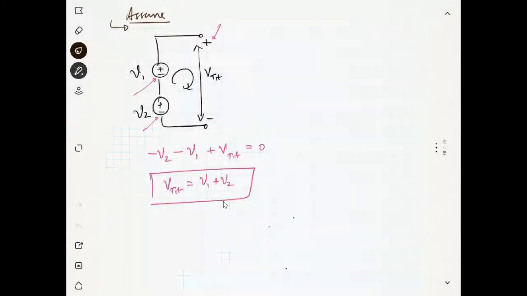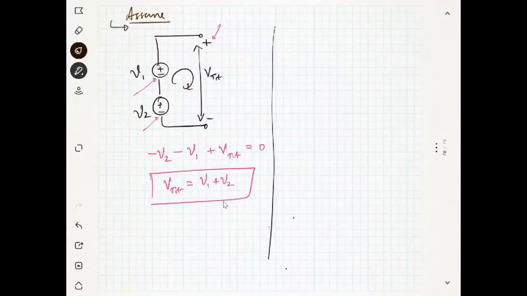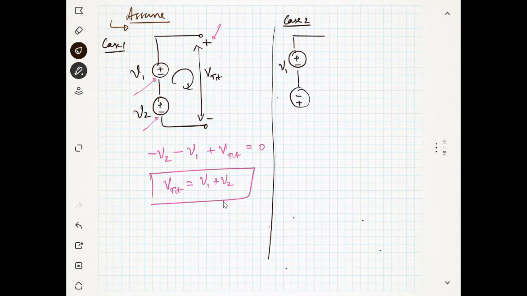Okay, next we will see one more thing, another case of the previous example. I will assume this is case 1. This is case 2. I have plus, this is V1, but I just change the polarity for V2. Then the total voltage, this is V total.